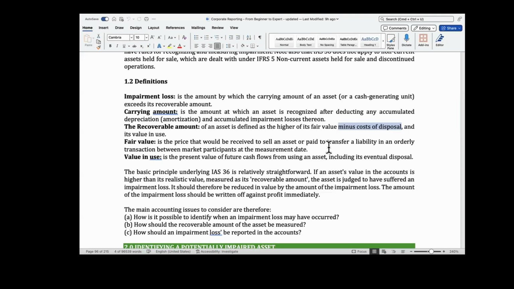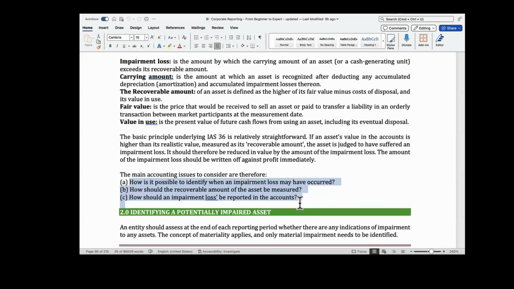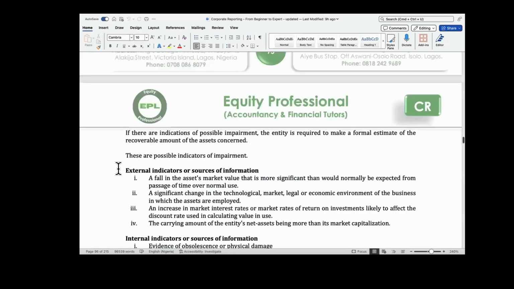So we looked at these three items last week: how you identify an impairment loss, how to determine recoverable amount, and how to account for impairment loss. In identifying impairment of assets, we looked at these external indicators, which I explained to you last week, and also these internal indicators.